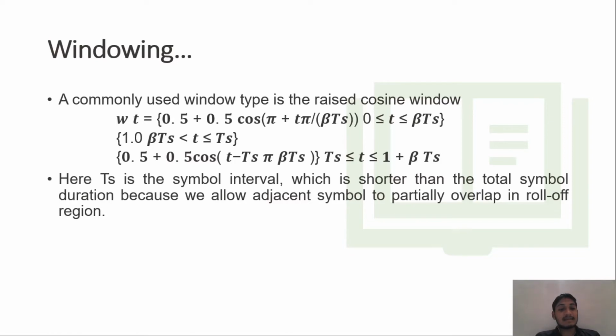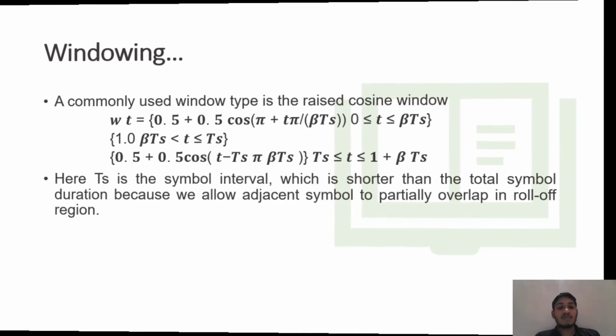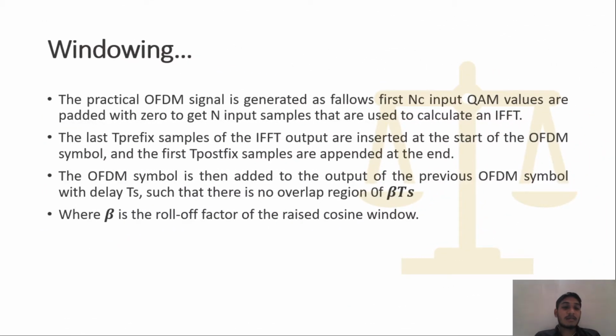Here Ts is the symbol interval, which is shorter than the total symbol duration because we allow adjacent symbols to partially overlap in the roll-off region. The practical OFDM signal is generated as follows. First, NC input QAM values are padded with zeros to get an input symbol that is used to calculate an IFFT.